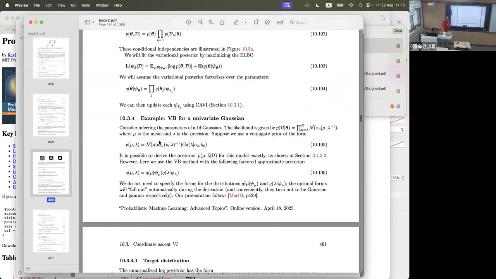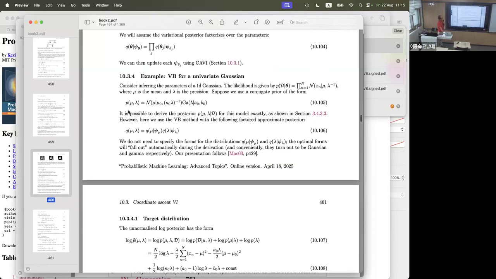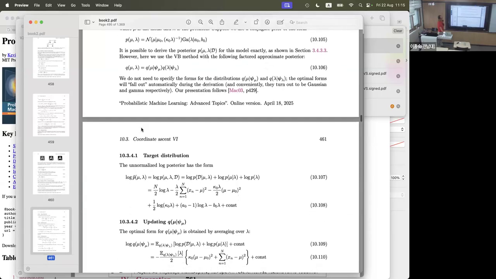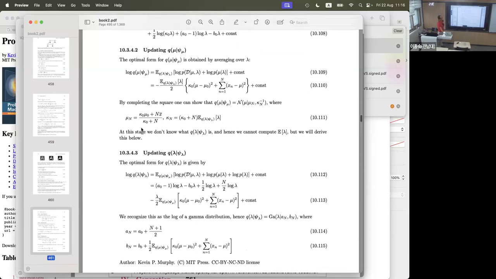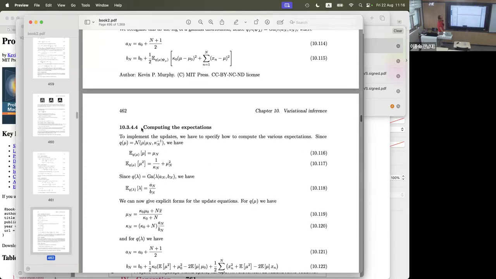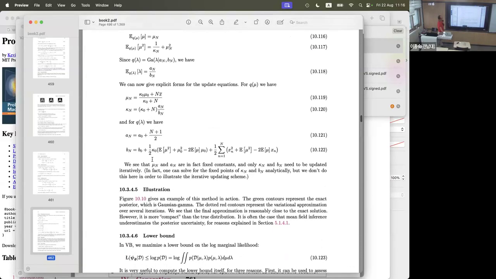So it's here: expectation maximization for variational Bayes for one single Gaussian. These are the results, and these are the derivations. It goes one page, second page, computing the gradients, and it stops here.